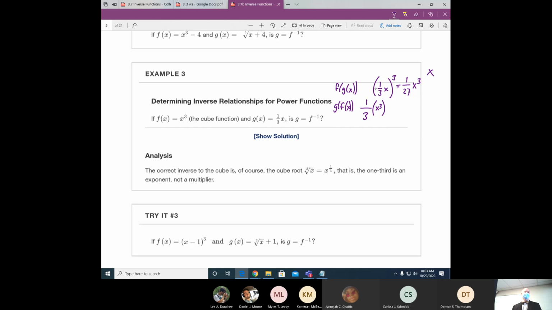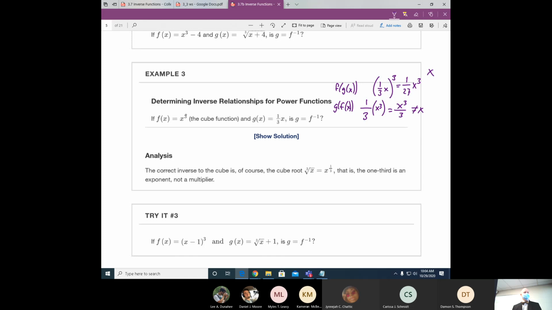Yeah, 1/3 cubed gives me 1/27, 3 times 3 times 3. And now g of f of x gives me 1/3 of feeding f of x into that. Well, I get x cubed over 3. I can't simplify it any further. That's definitely not equal to x. So therefore, no, they are not inverses.